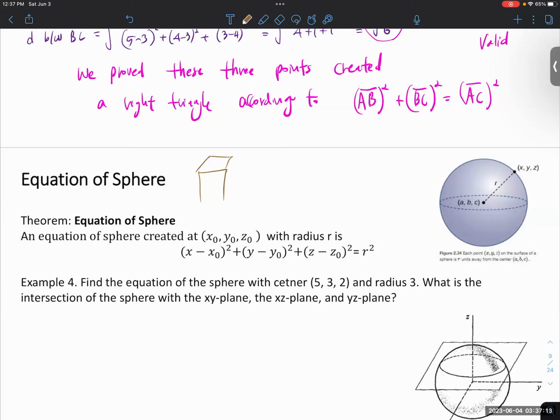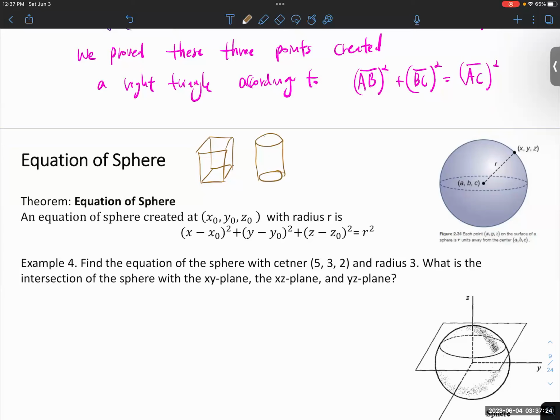The cube can be described in 3-dimensional space, or the cylinder. This is also a 3-dimensional shape, because if you have a 2-dimensional image of the cube, it's only a rectangle or circle. Or if you have a sphere, this is also a 3-dimensional geometric shape.